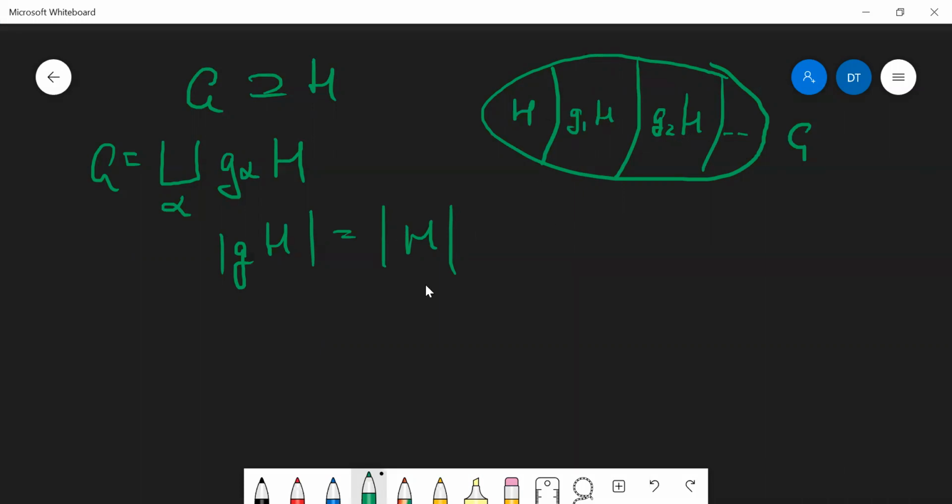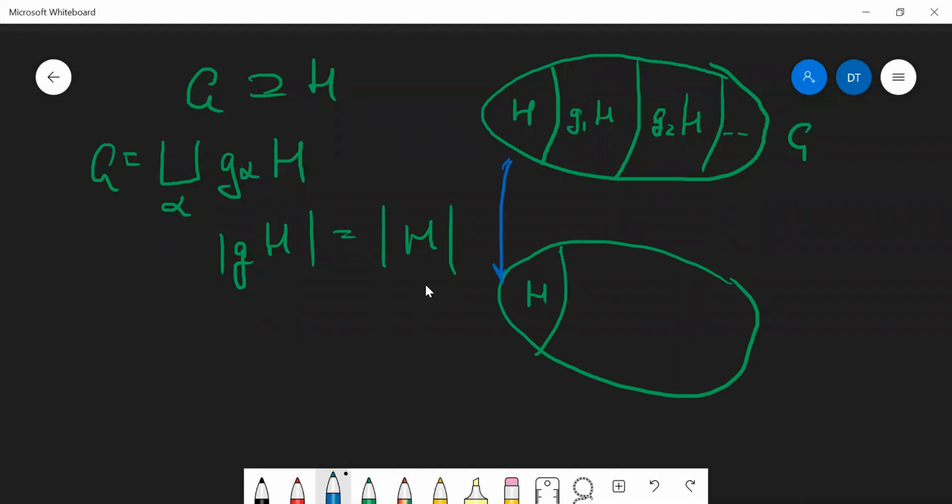And the same claim holds for the right cosets. But if you consider right cosets in general, so H as the right coset, well, it will be exactly the same subset, but other right cosets will probably be different, like HG1, HG2, etc. So you will get another partition with right cosets, but it still will be a partition, and all the right cosets will have the same amount of elements as the group H. And if the subgroup H is normal, then of course these two partitions will be the same.